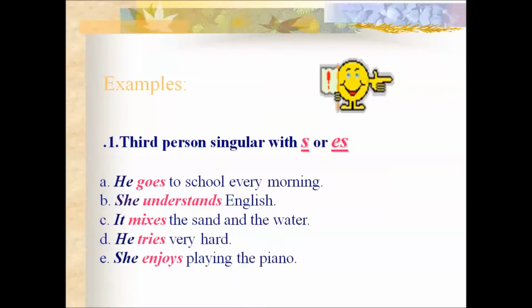And if you use the present simple to talk about a habit, for example, I go to bed late at night every day. This is about a habit. You don't say I am going to bed late at night every day. No, you cannot use the present continuous for a habit.